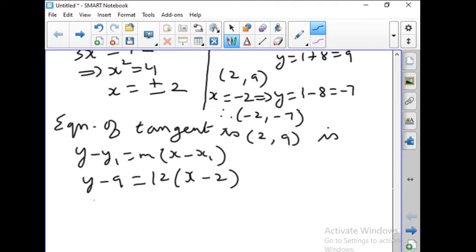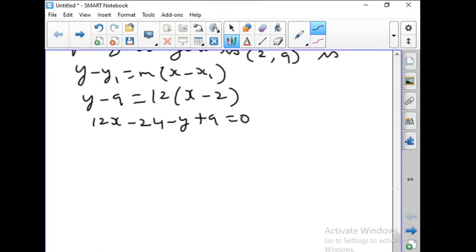So we get 12x minus 24 minus y plus 9 is equal to 0, which gives us 12x minus y minus 15 is equal to 0. So this is the tangent.